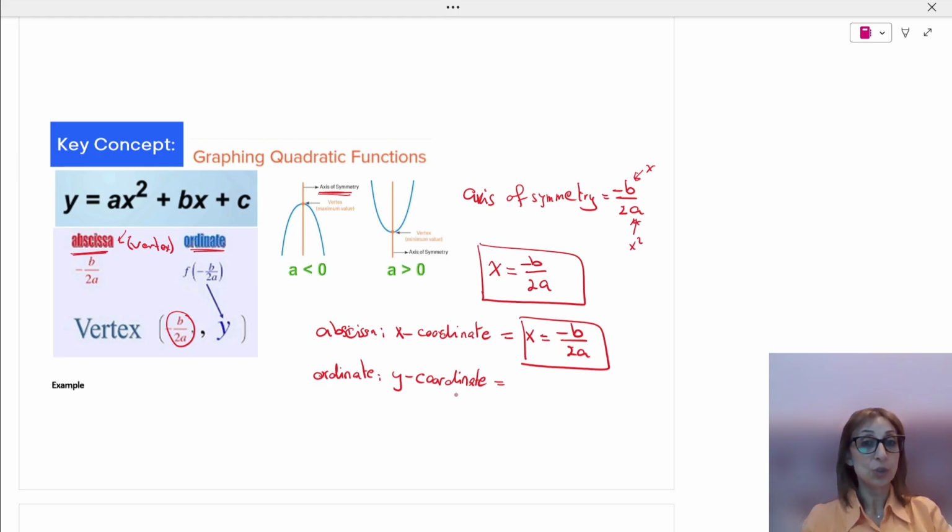So the y coordinate is a times negative b over 2a, squared, plus b times negative b over 2a, plus c.